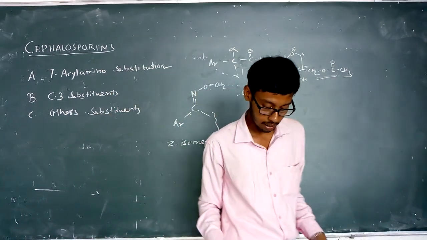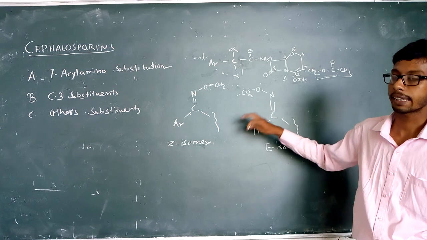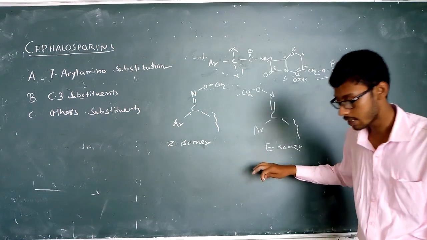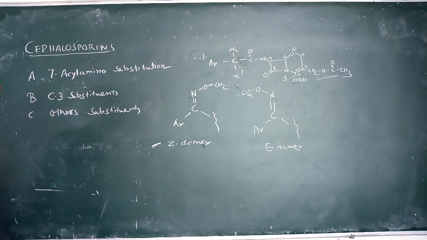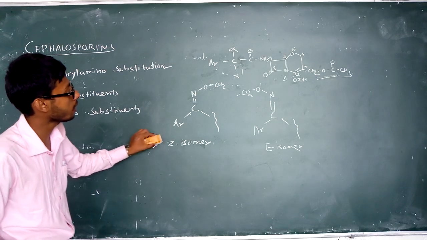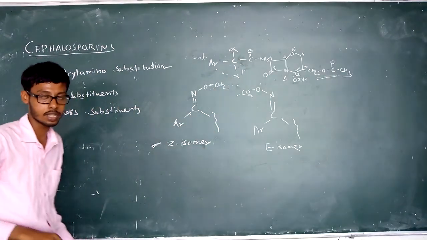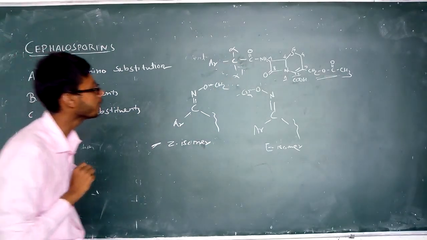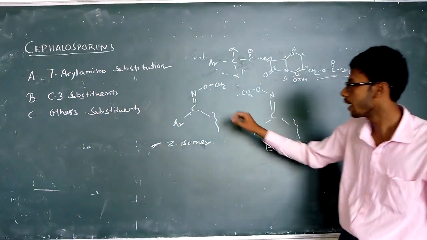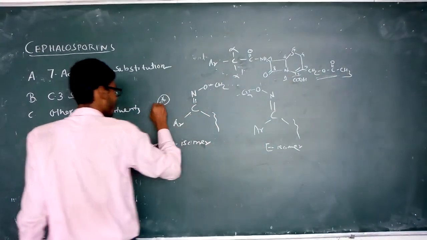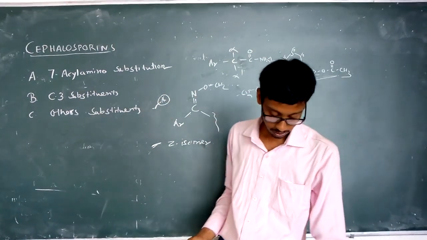The Z isomer produces beta-lactamase resistant drugs, because the Z isomer produces steric hindrance, and due to the steric hindrance, beta-lactamase cannot enter the ring system, so there is no chemical degradation. This is the importance of the E and Z isomers, and the Z isomer is responsible for beta-lactamase resistance.